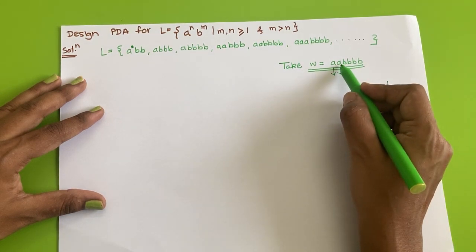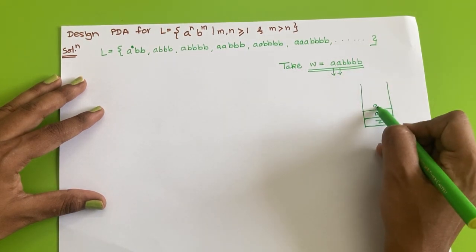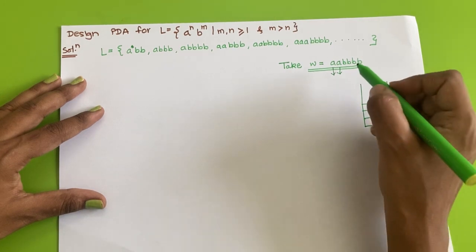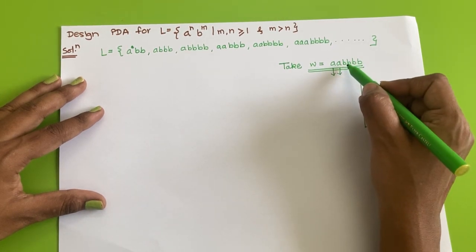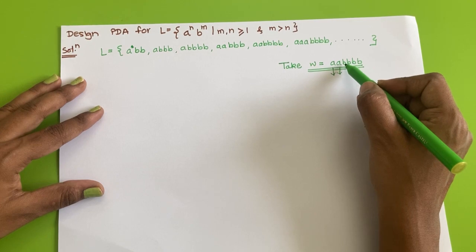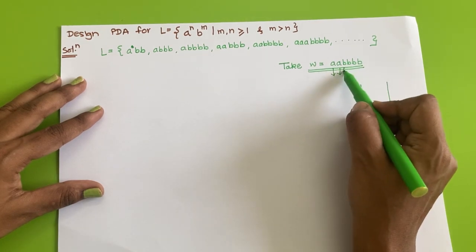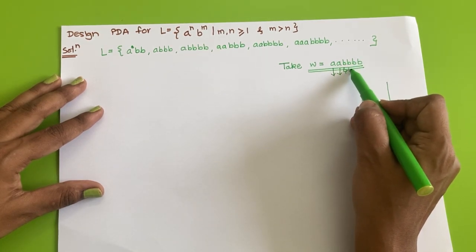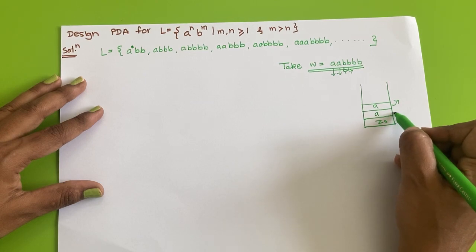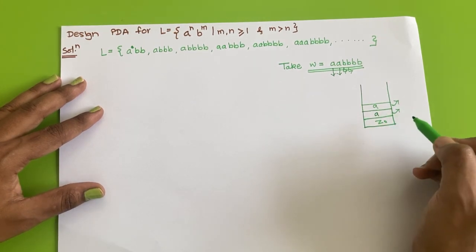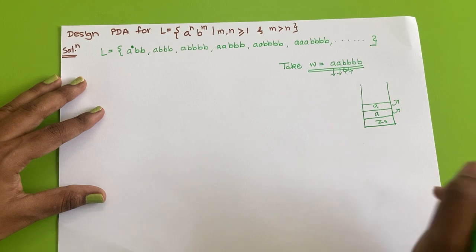Again I have input A, so again I will push onto the stack. Now when we have the first B, for the first B we will pop the top, so an A will get popped. Now for the second B, again we will pop the top, so the second A will also get popped out.